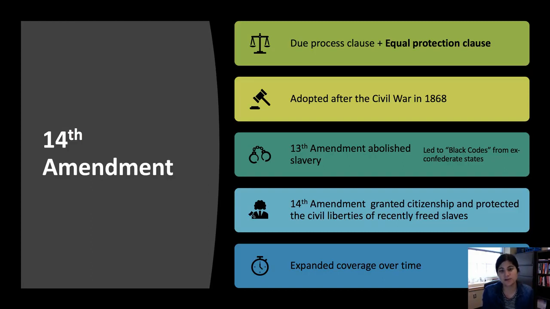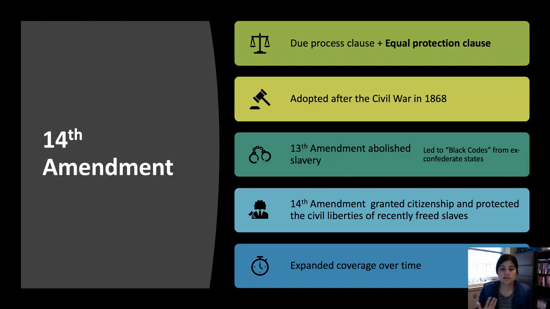So the federal government noticed, hey, the 13th Amendment didn't go quite far enough, so we need another amendment that's not only going to abolish slavery, but take it a step further, right? Actually grant citizenship to these recently freed slaves and provide the same basic liberties and freedoms that our other citizens are provided. So that's really what the purpose of the 14th Amendment was at the time.